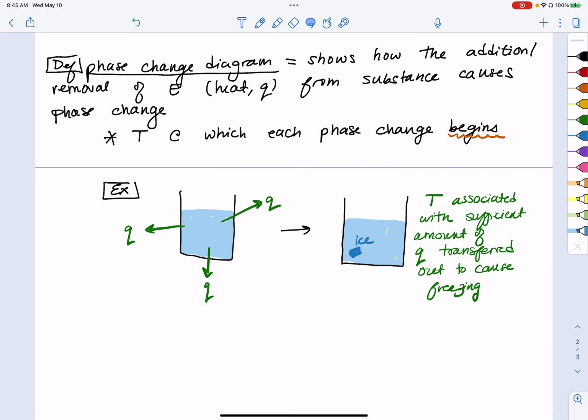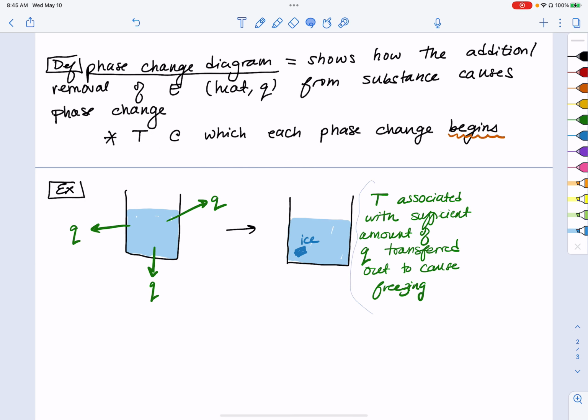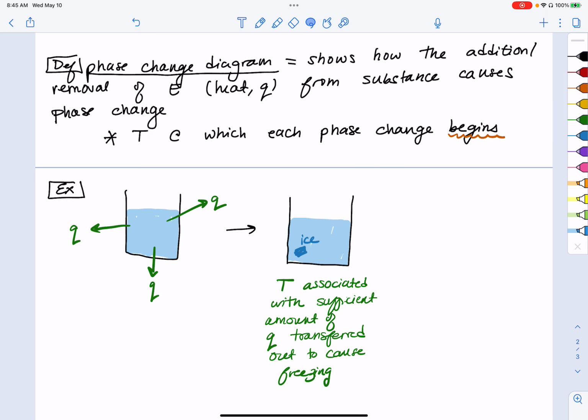So let's say that we were to keep pumping heat out of our system. So we were going to cool this liquid water down continually. So we're going to remove even more heat from our system.